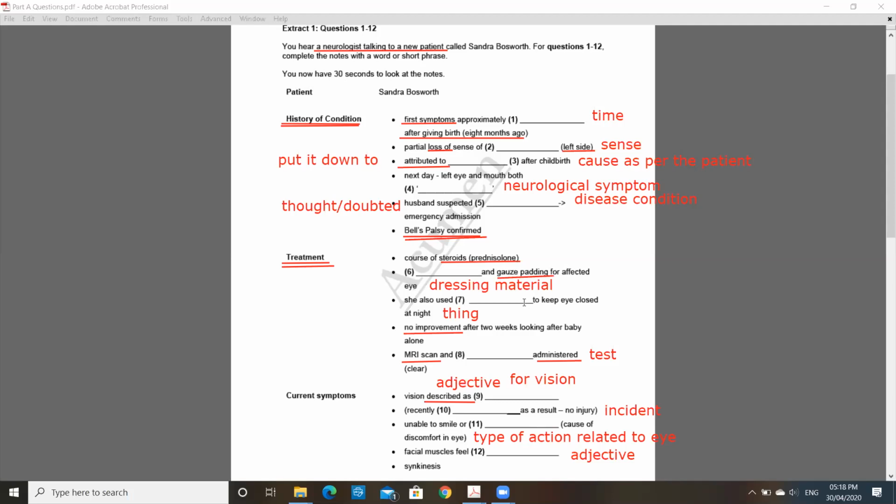They might say that I was given, or the pharmacist gave something, or maybe the doctor or the GP or the nurse gave this to me. Okay. Similarly, they wouldn't say scan was administered. They might say that I underwent or I had. Simply in spoken language, they can also say I had MRI scan.